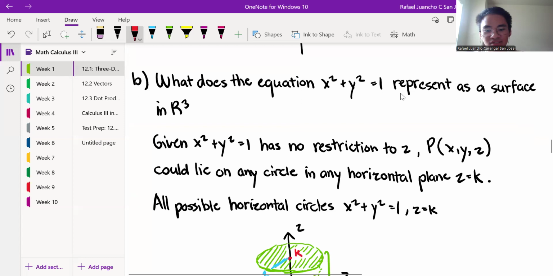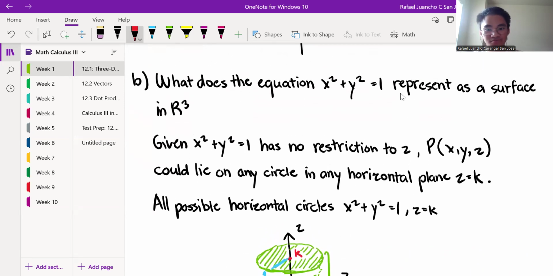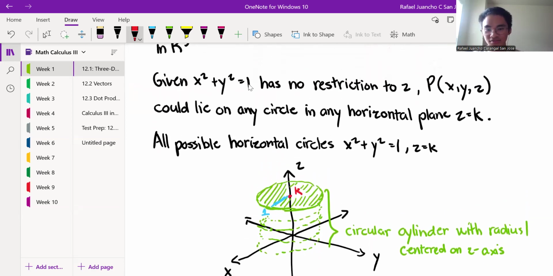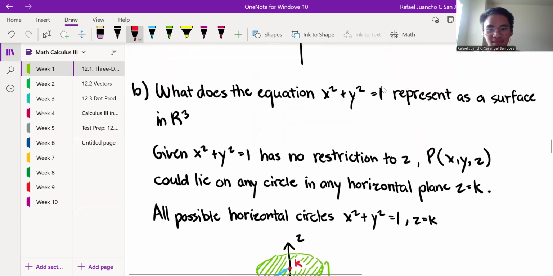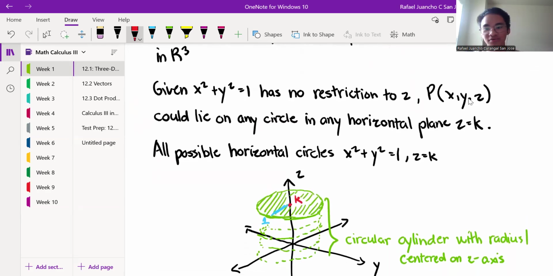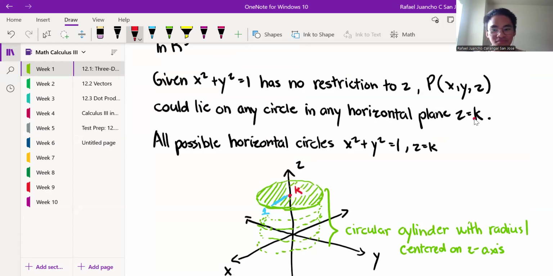Well, given this equation, it has no restriction on z, right? So any point that satisfies the unit circle equation could lie on any circle in any horizontal plane, because there's no restriction for z.